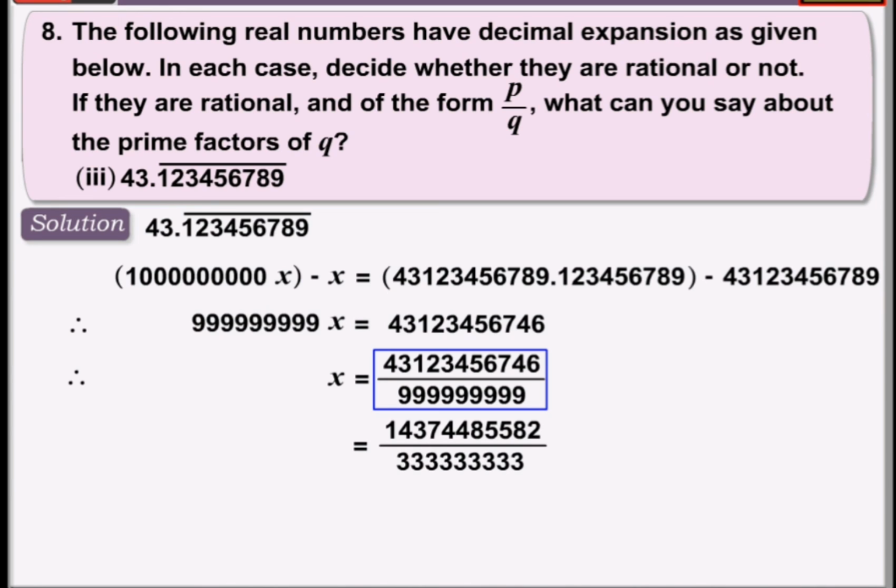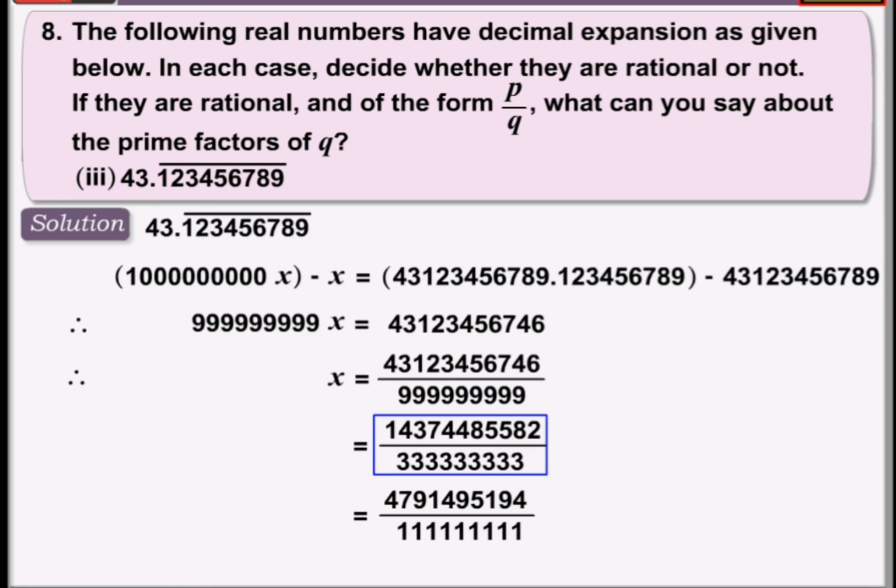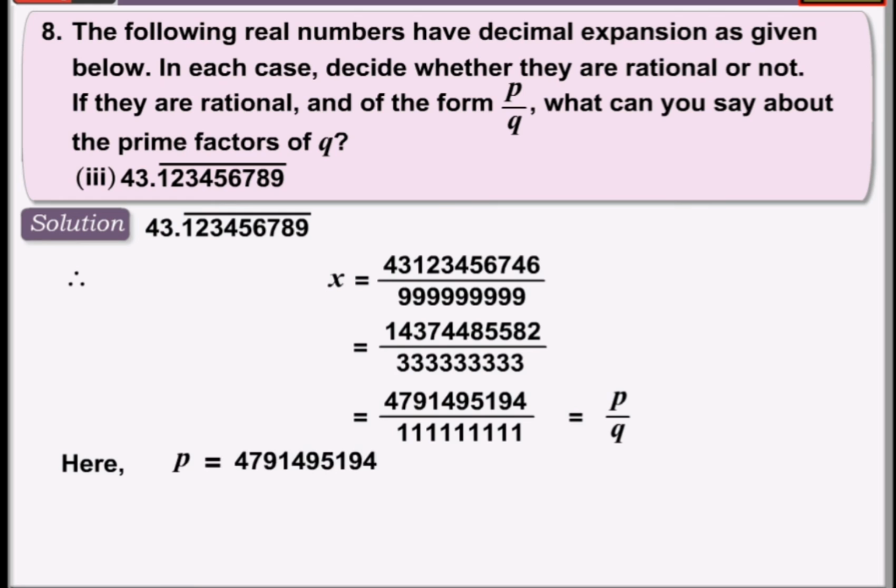143,744,855,82 upon 33,33,33,333, which is further equal to 479,1495,194 upon 11,11,11,111, which is equal to P upon Q. Here P is 4791495194 and Q is 11,11,11,111, which is not of form 2 raised to power n into 5 raised to power m.